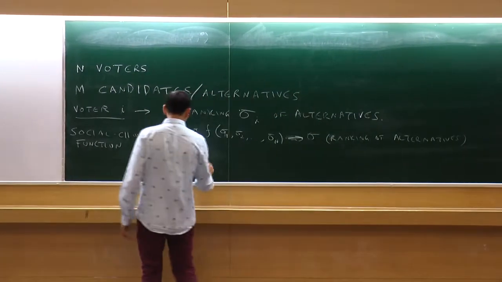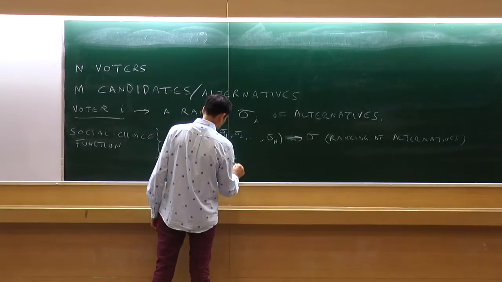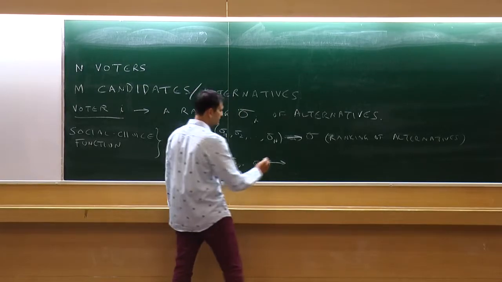Or you could imagine that F just produces a single winner. Okay.